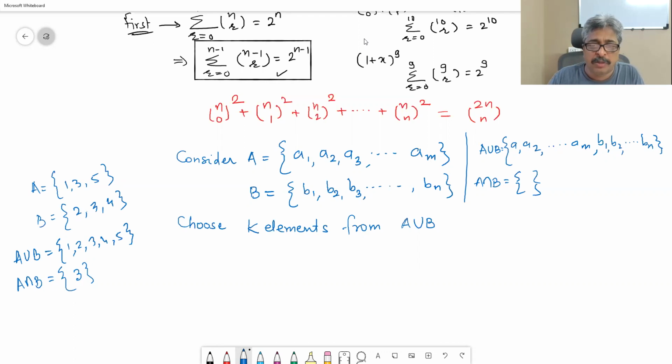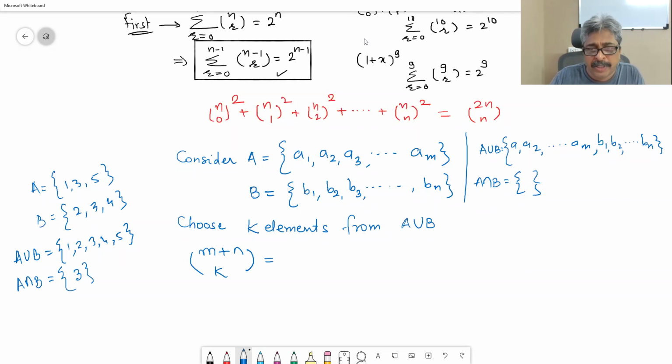Okay, so in A union B, the total number of elements is m plus n, and how many you are supposed to choose? k. Easy. (m plus n) choose k. Is that right? That is one way of doing it.